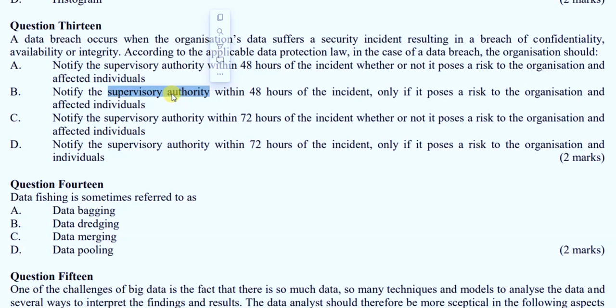According to the GDPR, an organization is required to notify the supervisory authority or the data protection agency of a data breach without undue delay, where possible, not later than 72 hours after having become aware of it.